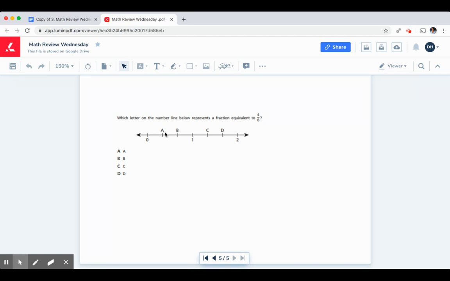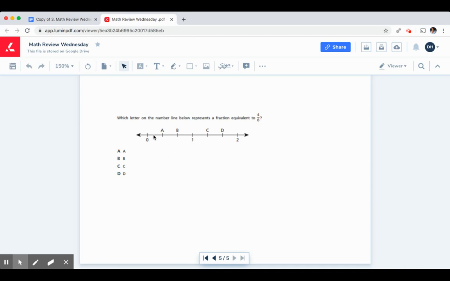The other hash marks are labeled with letters, but they do not have numbers corresponding to them. It's our job to label these hash marks using what we know about fractions and number lines. So, first, let's take a look at the distance between 0 and 1.